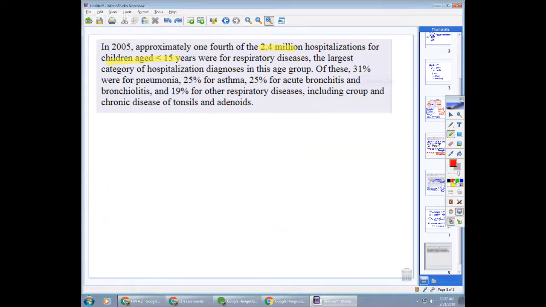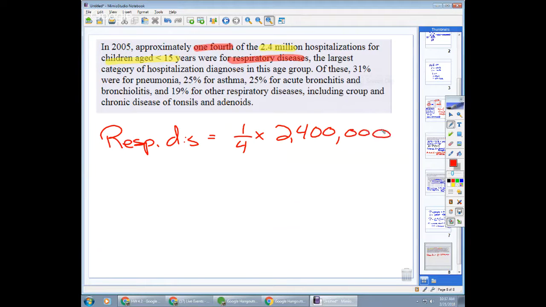Red. 1/4 of those were in for respiratory diseases is what that sentence says. So right away, I'm just going to calculate that number. If I just look at respiratory diseases, that's going to be 1/4 of that 2.4 million. And I'm going to write it as a regular number, 2,400,000, because I think the next question they ask wants solid numbers, not in millions.